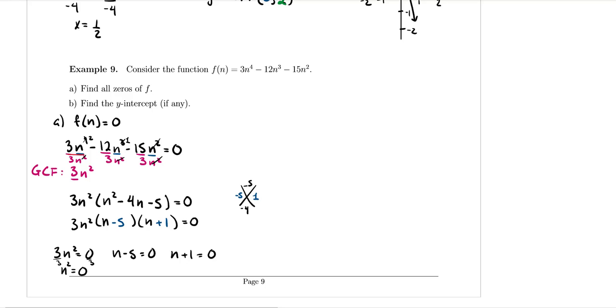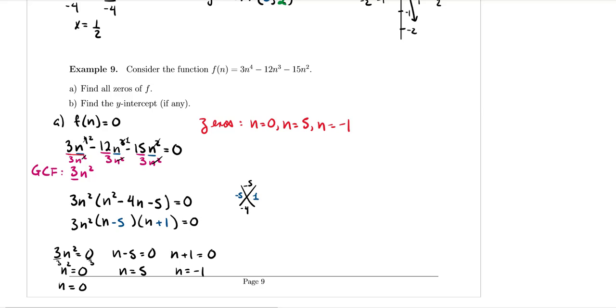So if n squared equals 0, then that means that n is equal to 0. n is equal to 5 here, and n is equal to -1. So it looks like the zeros are n equals 0, n equals 5, and n equals -1.